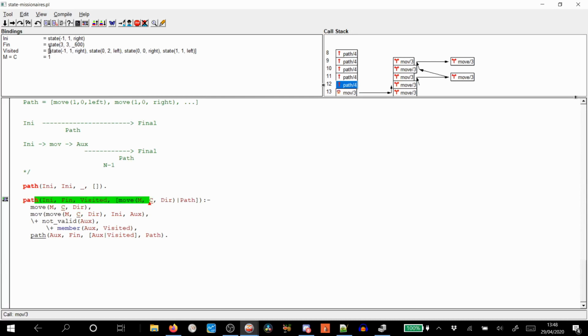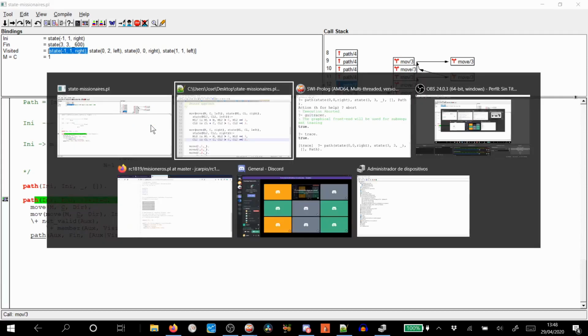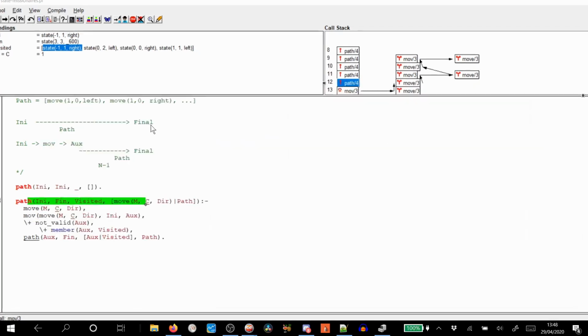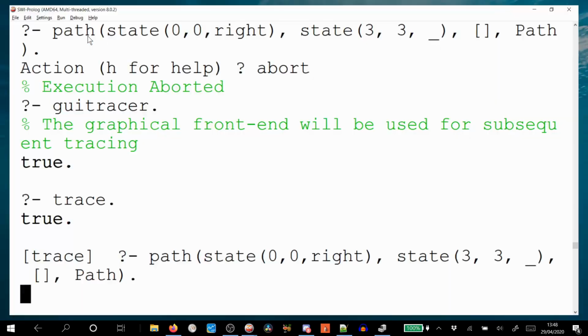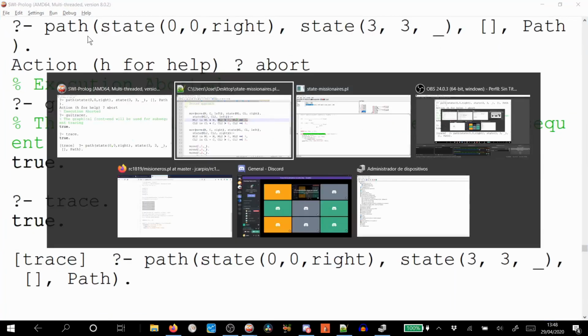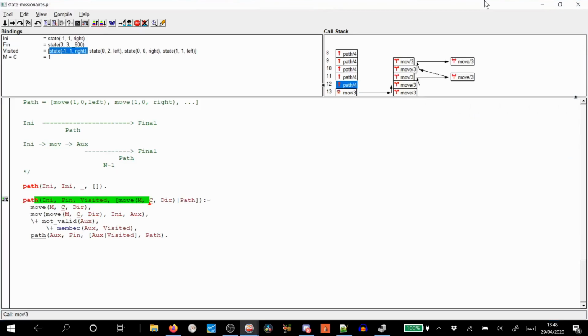Okay, can you see? We have here a state with negative numbers, and not valid, and we don't check that. So we have to include these two restrictions here. Okay? Okay, nice. Let's check again.